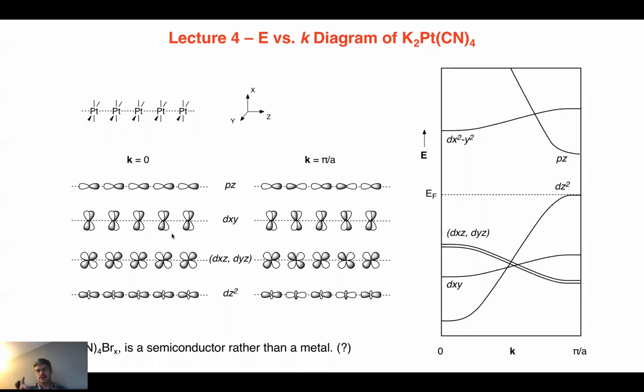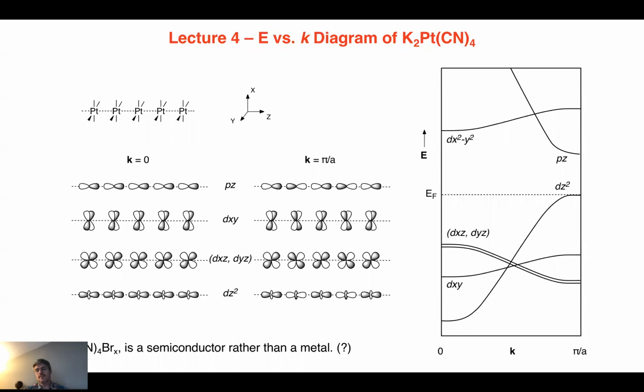Yeah, bandwidth is about orbital overlap, right? And as Vicky said, orbital overlap is greatest for sigma. So the dz squared E versus K function is broader. And the least broad is the delta orbital one, okay?